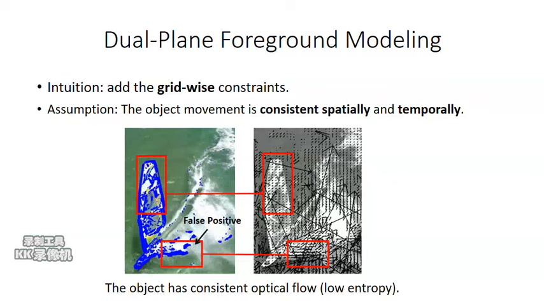If we calculate the optical flow, we can see that the sailboat has consistent optical flow. In contrast, the optical flow of waves is very random. From the perspective of information theory, it has large entropy. So our intuition is to combine these properties to identify the moving objects.